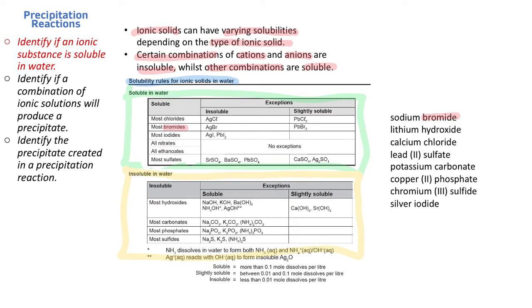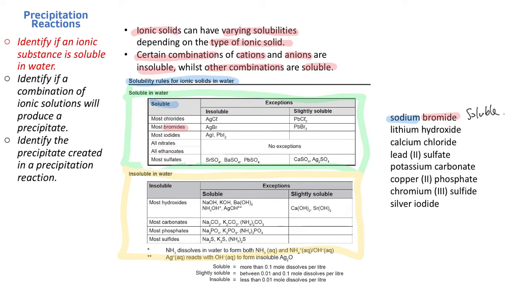That means most things with bromide are going to be soluble. There are exceptions to the rule, which would be silver bromide and lead bromide. Since sodium bromide is not either of those, it's not an exception, which means it is whatever table it's in, which is soluble.